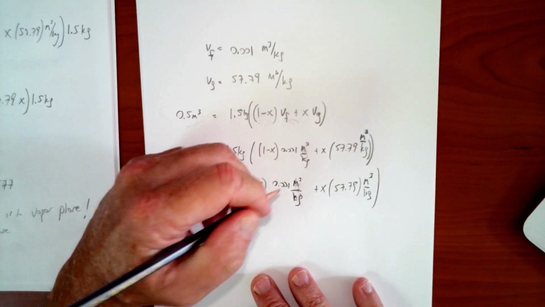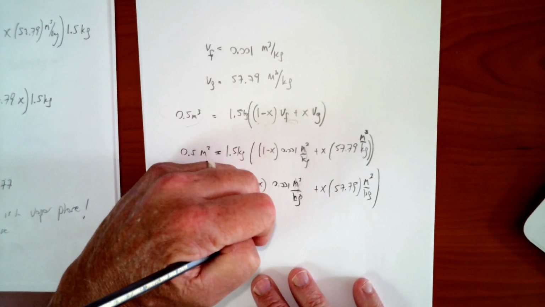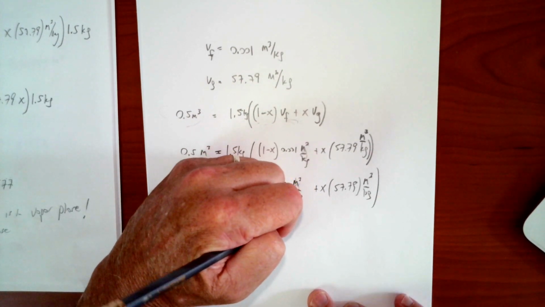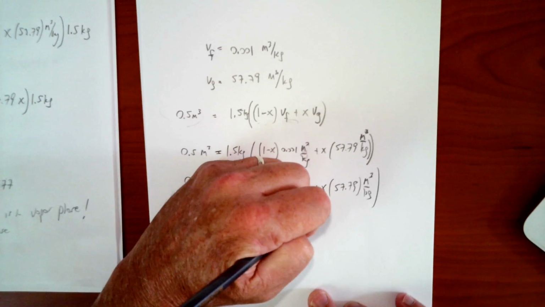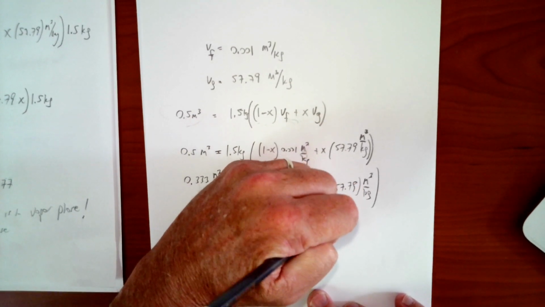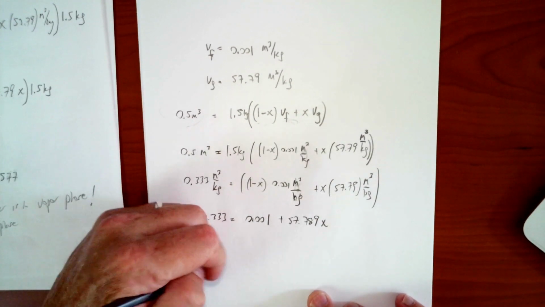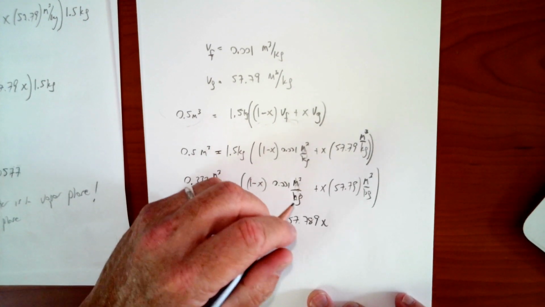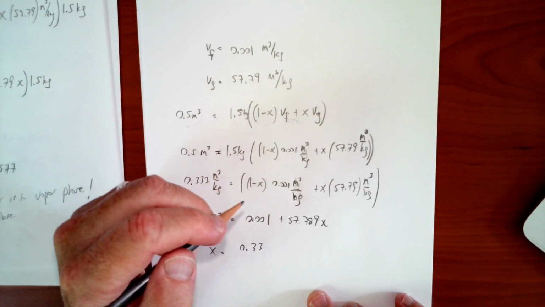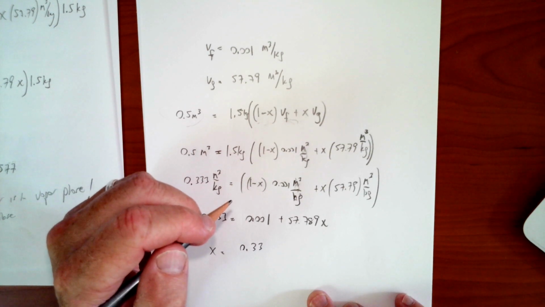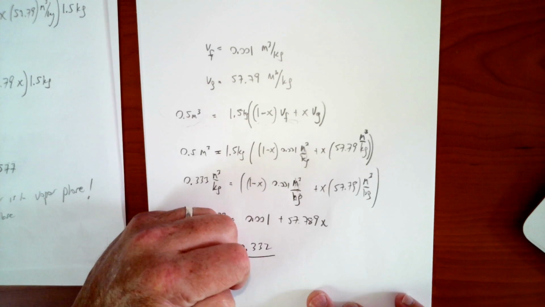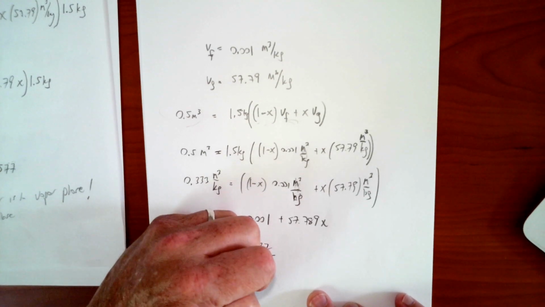So you end up with 0.333 equals 0.001 plus 57.789 X, or X equals 0.333, actually it should be 0.332, divided by 57.789.